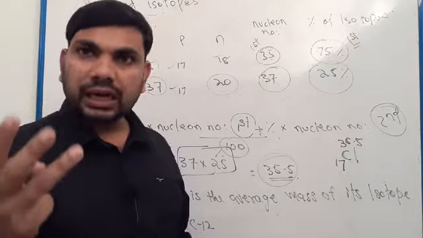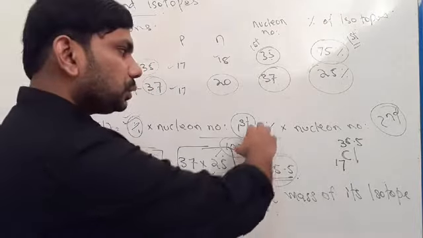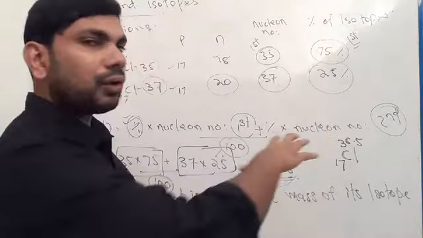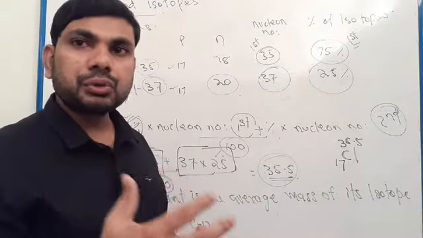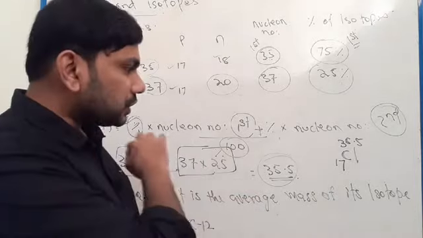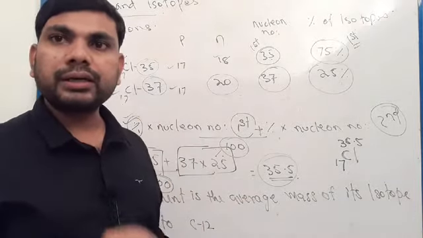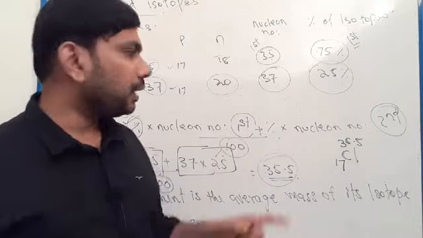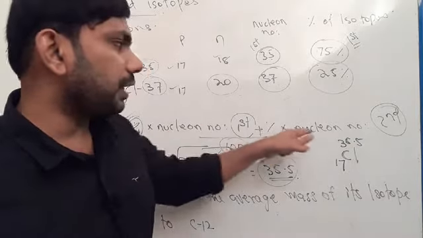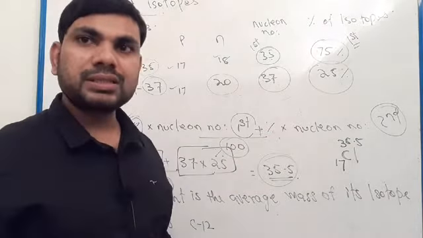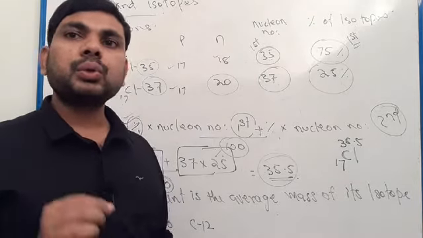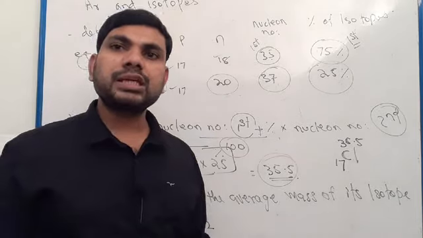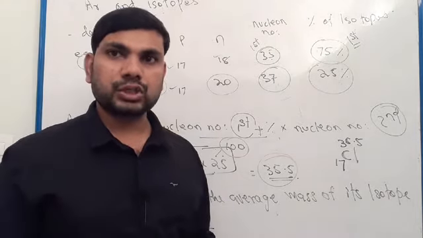If there are 3 isotopes, do the same for the third isotope. If there are 4, continue the same way, then divide by 100, always the same. Only the isotope terms change: for each isotope, always nucleon number times percentage of availability. Clear?